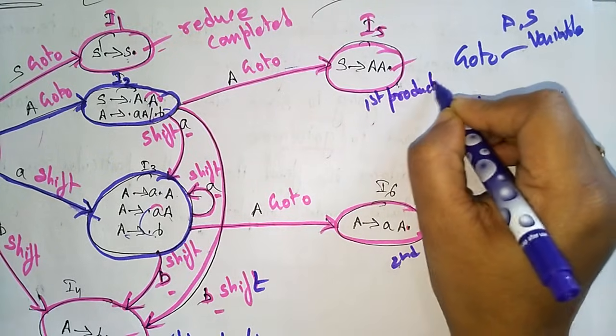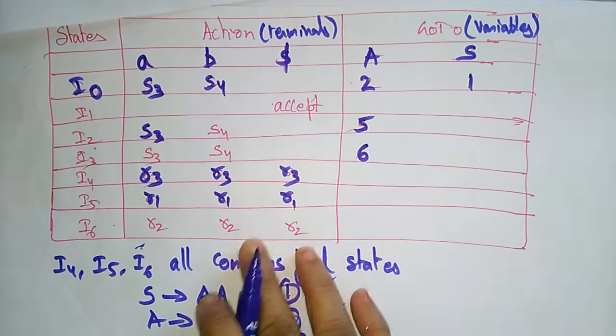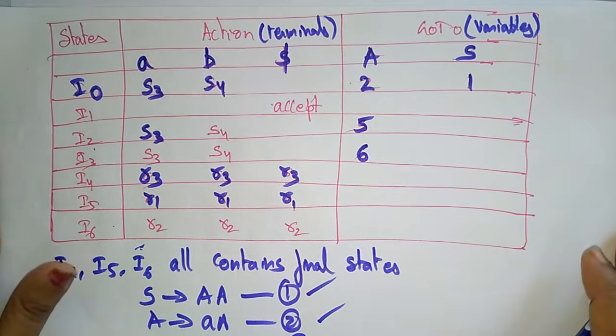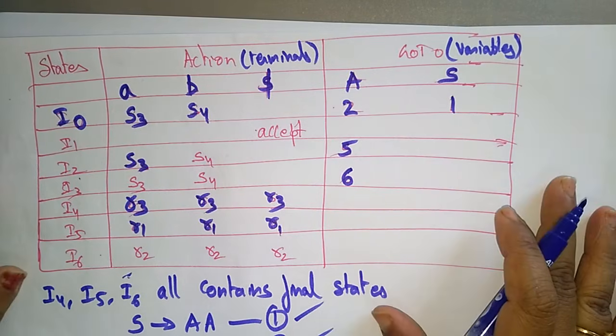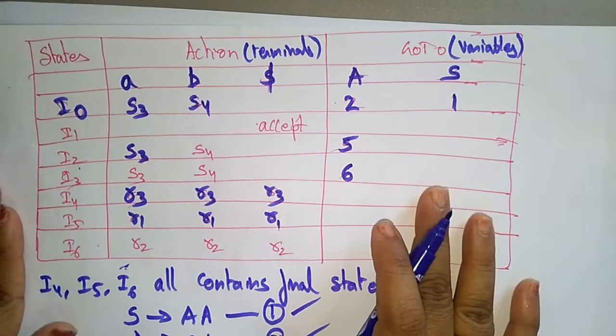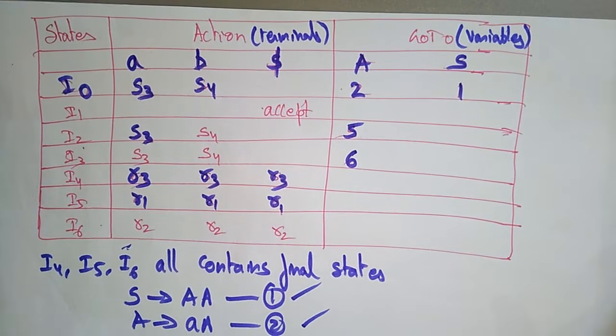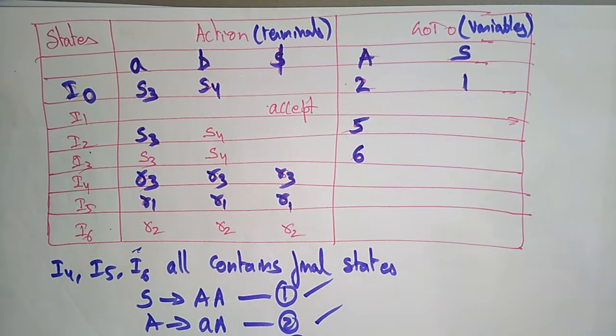Just write R1, R2, R3 in those places. So this is how you are going to construct the parsing table. By seeing this parsing table, you have to implement the stack and parse the string. That we will see in the next video. Thank you.